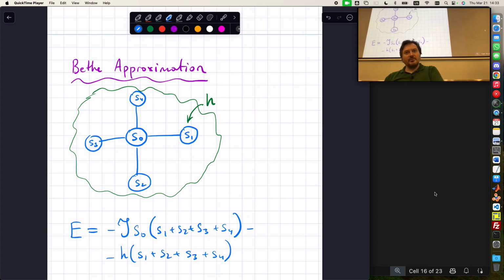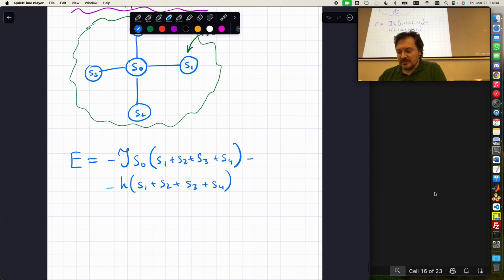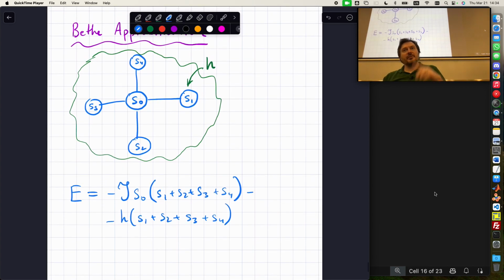Do you see how simple this system is? You have to notice right away here that we are not solving the 2D square Ising model. It's just one spin with 4 neighbors. It could have been a 2D Ising model, it could have been diamond, right?